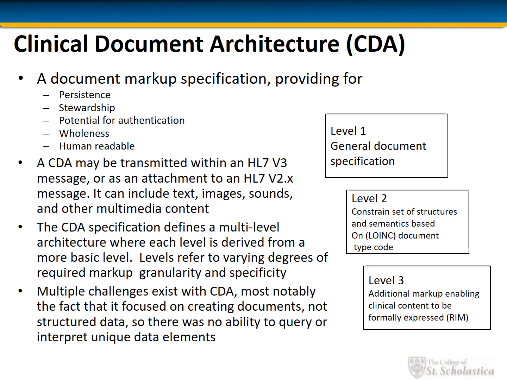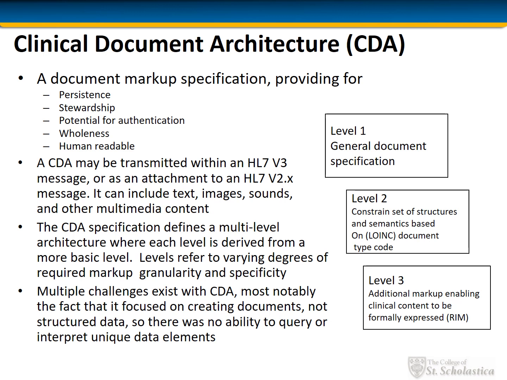So, for example, a patient summary document using the data content from the ASTM International Standards Development Organization, as I mentioned in the last slide, called the Continuity of Care Record Standard, can be sent as an attachment to an HL7 version 2.x message. Once the document is received, it can be viewed and or printed. But basically, it is just a general document specification.